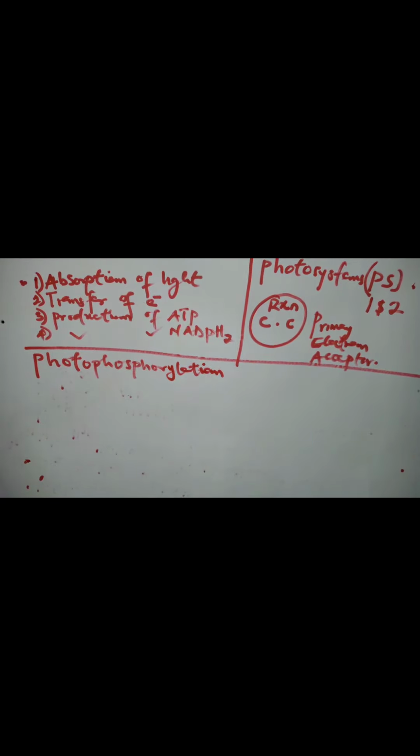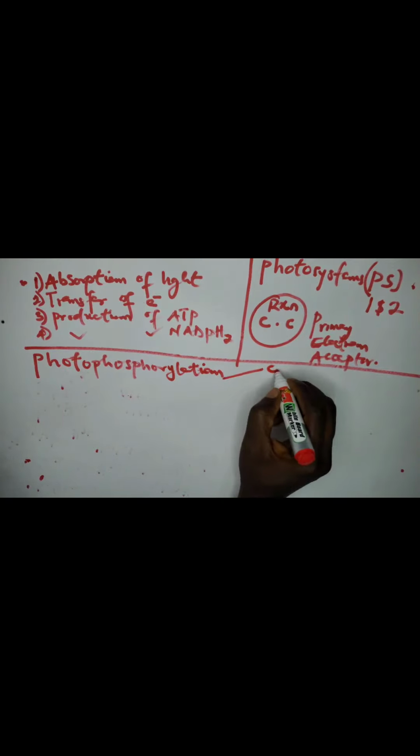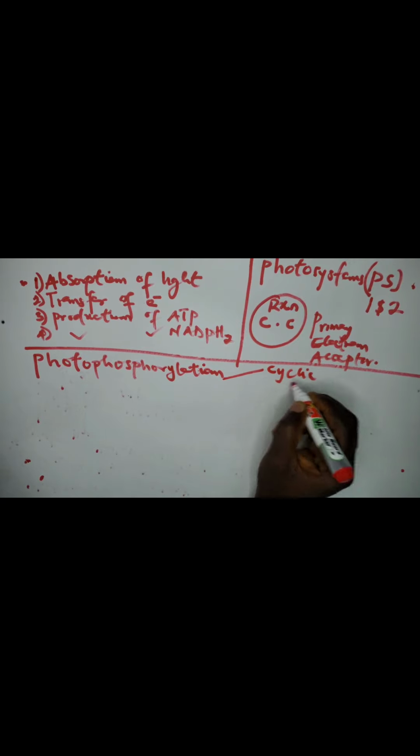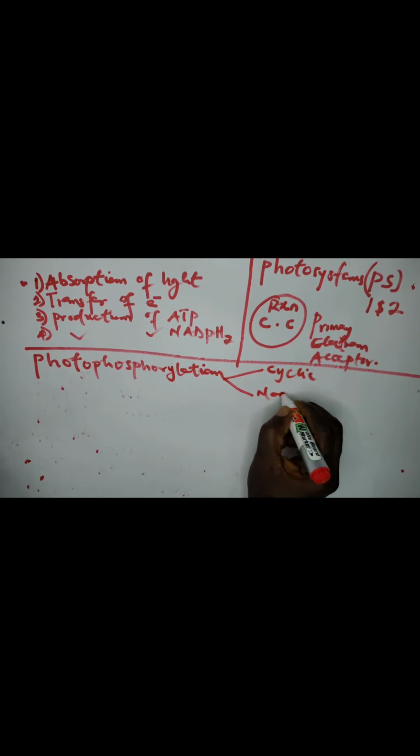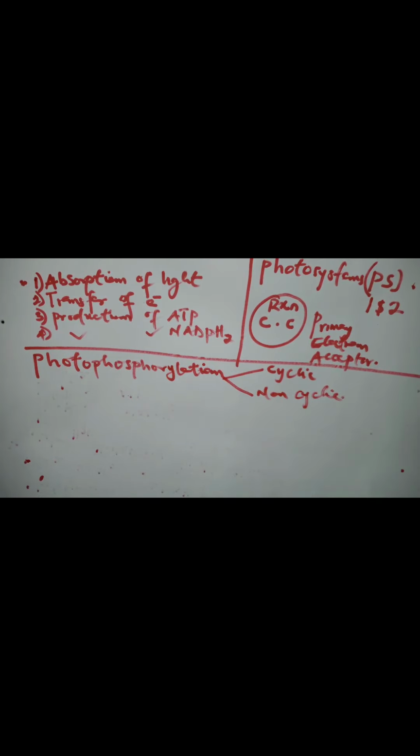Photophosphorylation means the production of ATP with the help of light. This photophosphorylation can either be cyclic or non-cyclic. So we have to take it one after the other.